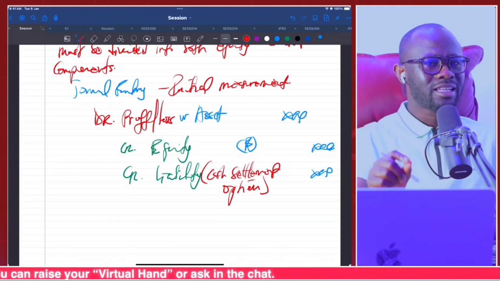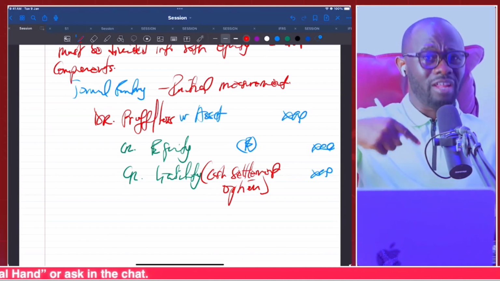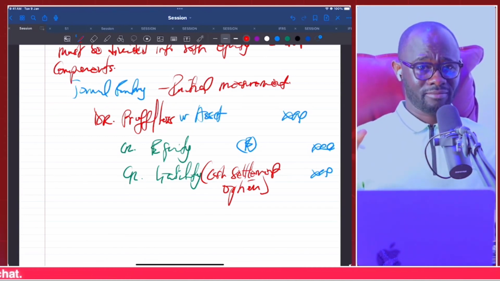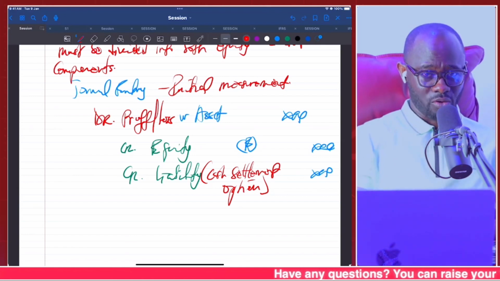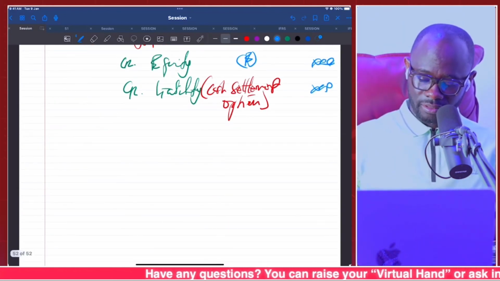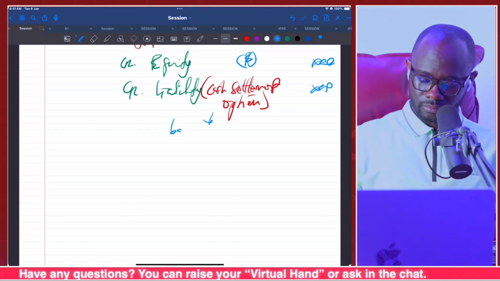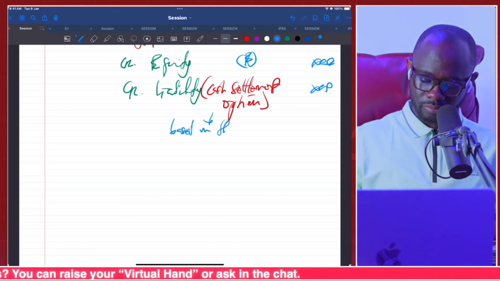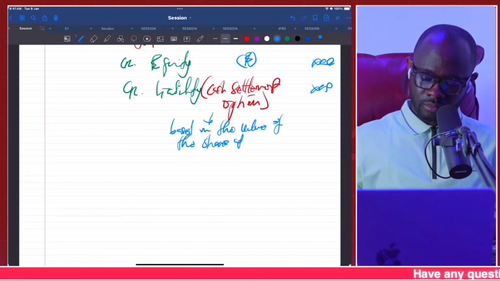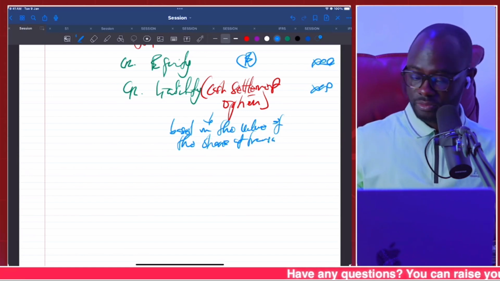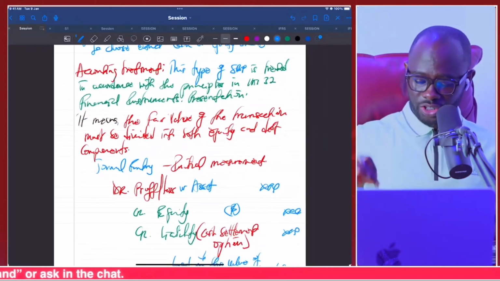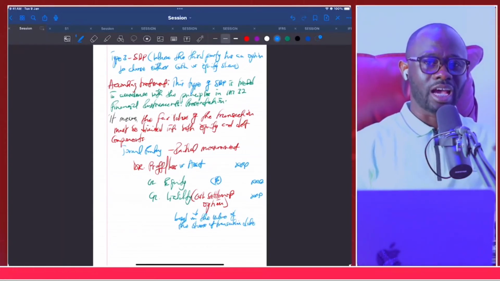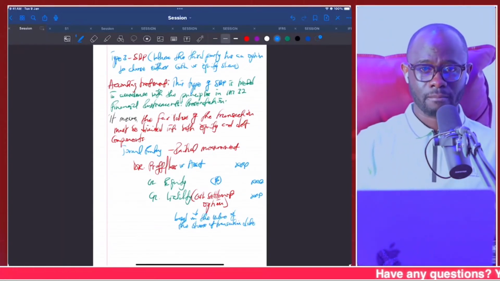Remember, the cash settlement option is based on the value of the shares at the date of the transaction. Then the balancing figure becomes the equity option. That is the initial measurement for type 3 share-based payment.